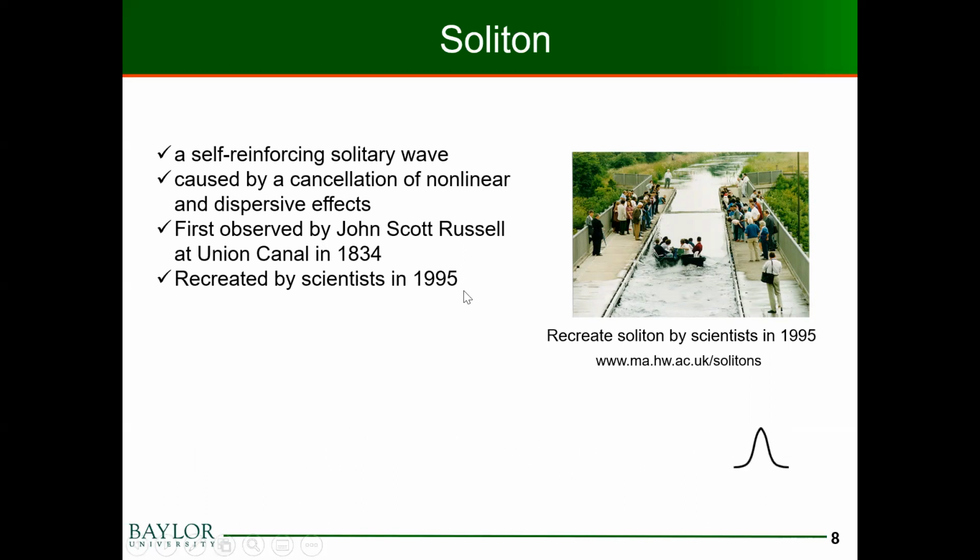In 1995, scientists having a soliton conference wanted to reproduce the solitary wave. They used a boat to drive a wave, and they could observe this wave preserve its shape over a very long distance. So this is soliton propagation due to the cancellation of the nonlinearity and dispersion effects.